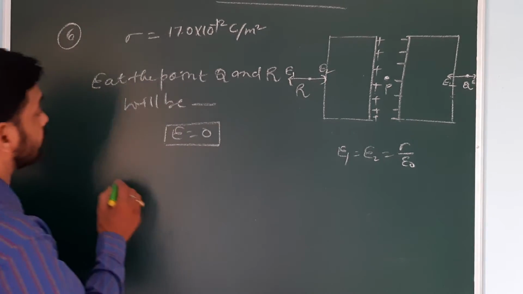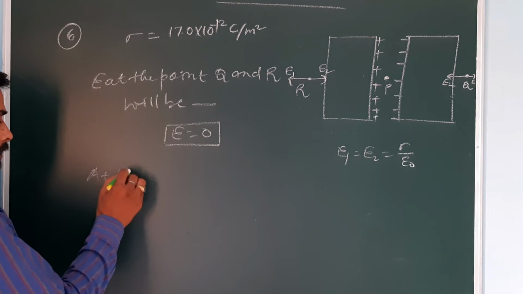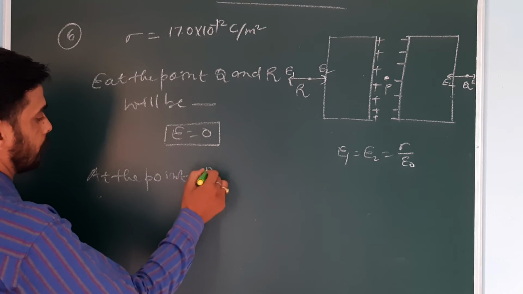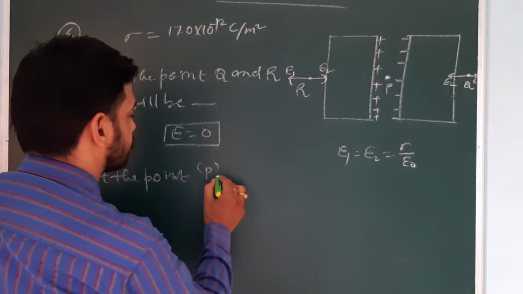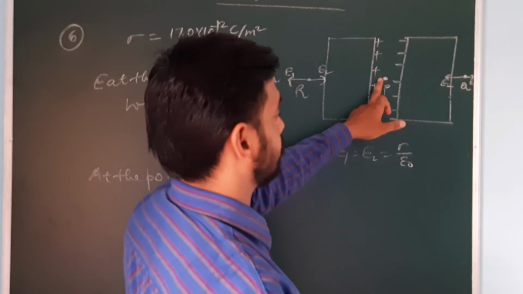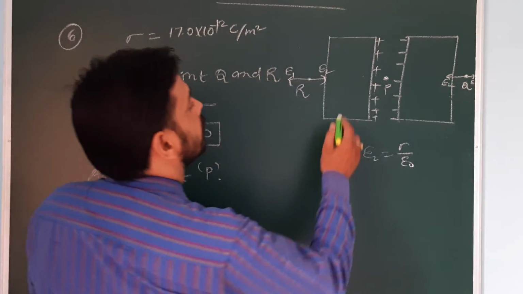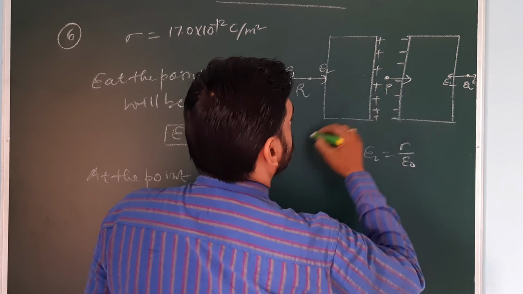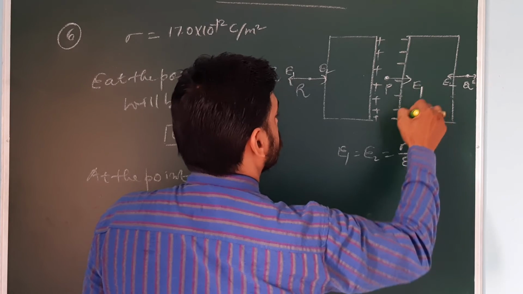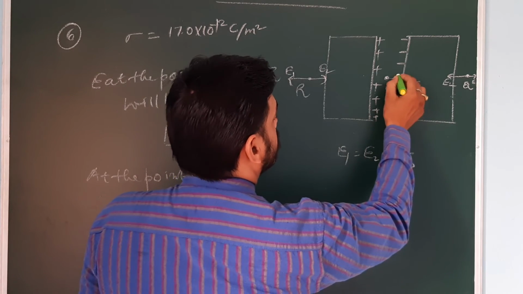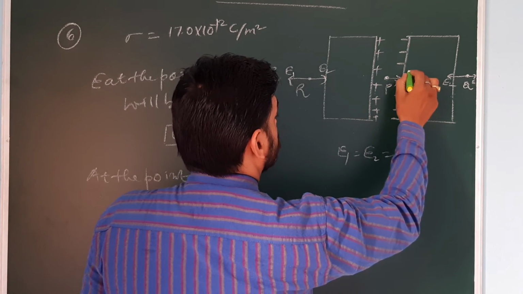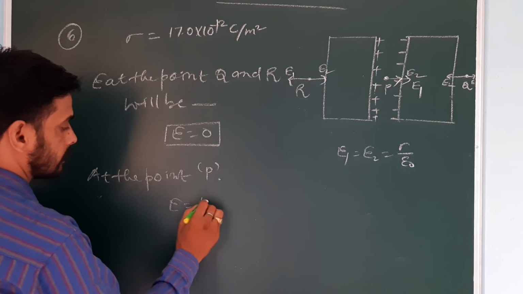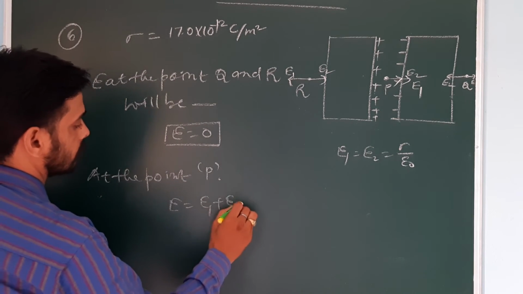Now we have to find out the field at the point P. Let's see what it will be. At the point P, the intensity of the electric field due to the positive plate is E1, and due to the negative charge it is also in the same direction, E2. So the resultant intensity E is E1 plus E2.